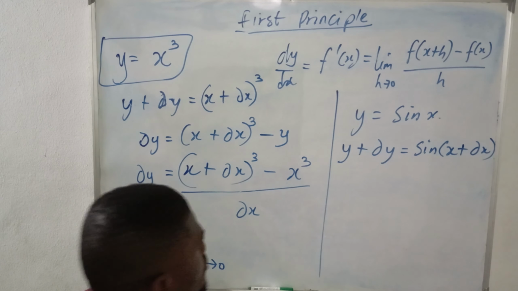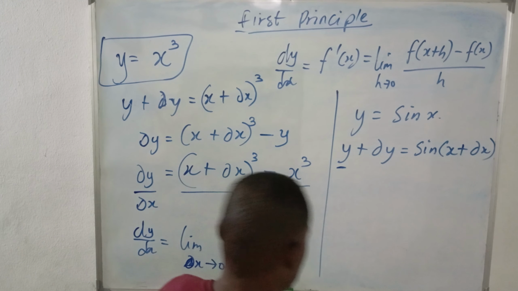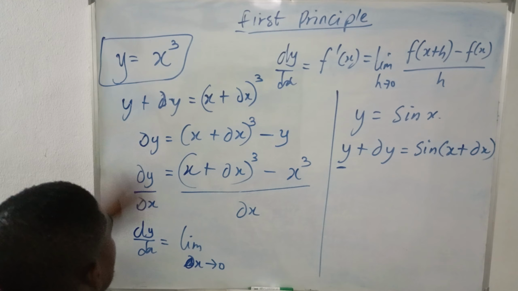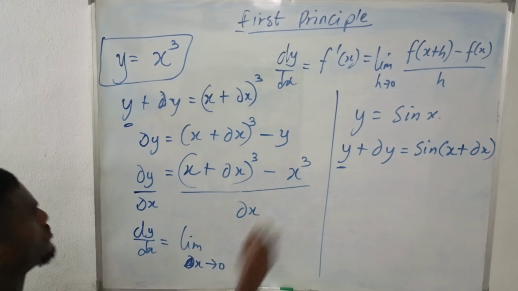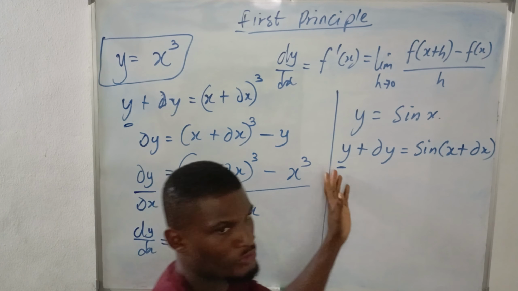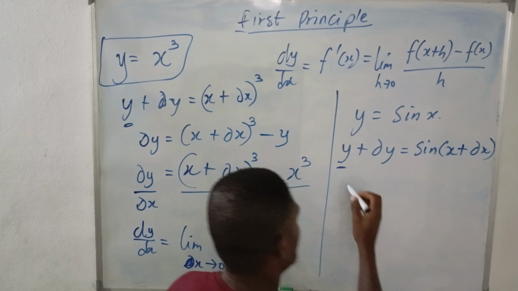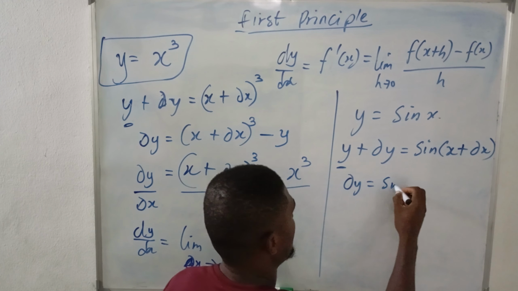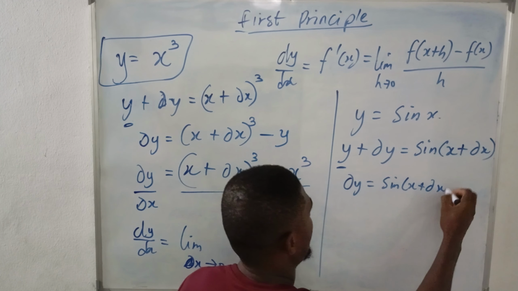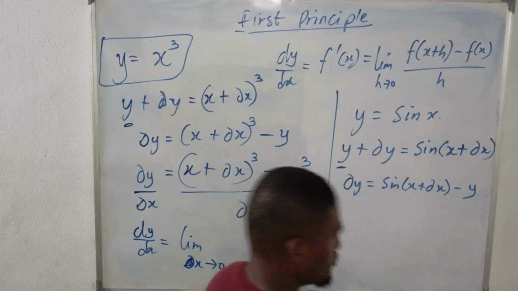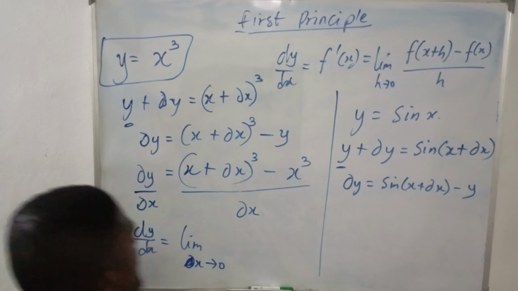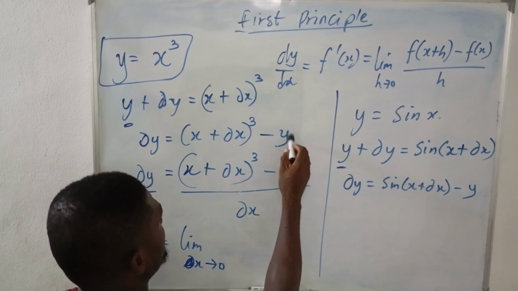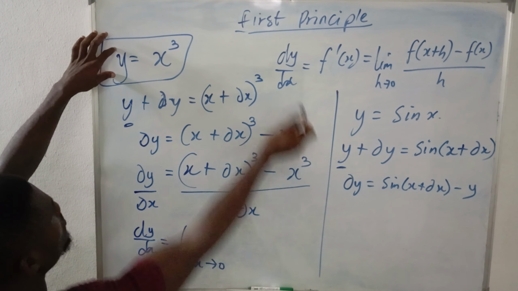And then the next step is to move this to the other side. So take note of it, that's the same thing you did here. You move your y to the right hand side. So you will always move your y to the right hand side, such that you have your dy equal to sine of x plus dx minus y. And then you should also take note again, just like we did here, that we have to change our y, substitute what we had before.